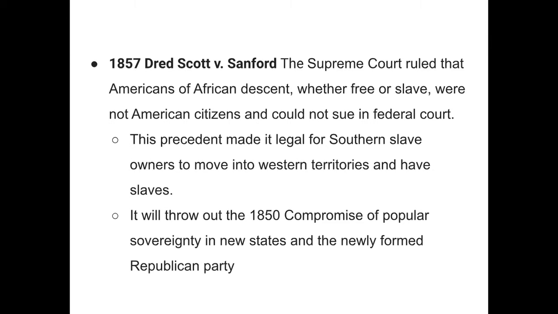This is going to take the Nebraska-Kansas Act of popular sovereignty in states and throw it out. So it's irrelevant. It doesn't matter what the people want to do or the legislative branch wants to do, because the Supreme Court says the Constitution is saying that slaves are not citizens, they're property, and so they don't have that right. This is 1857.